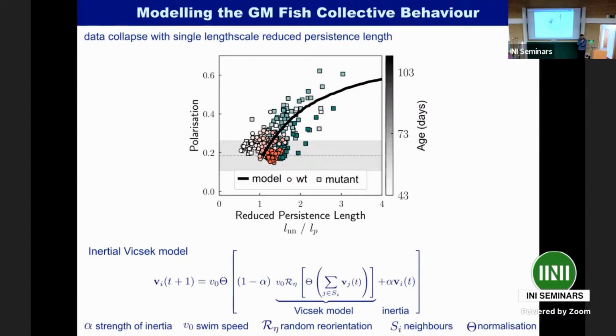The answer is yes. Even this parameter alpha that describes the amount of inertia we put into the Vicsek model is the same. The only difference in the context of the model is where the mutant fish sits on the curve. You see the wild type fish tend to be more at the bottom of the curve, the mutants are more distributed.